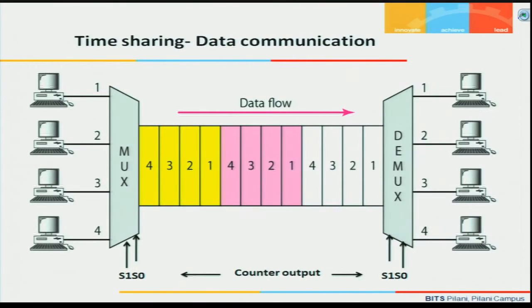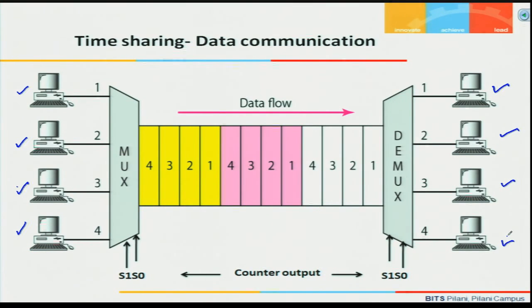So let us look at an application in a data communication network which is built using a multiplexer and a demultiplexer. Here I have 4 transmitters and 4 receivers. In this case, my transmitters and receivers are essentially computing systems.